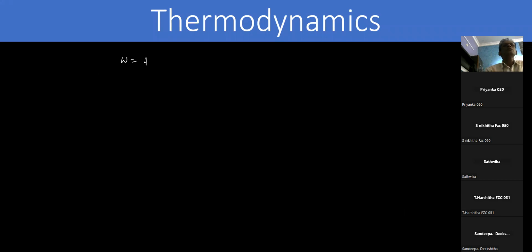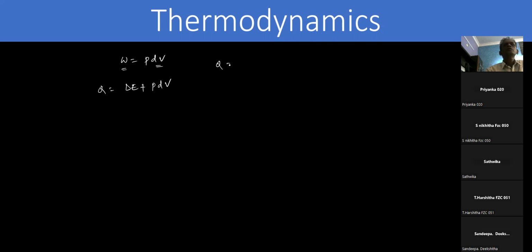W is equal to PdV. Already we have seen the change in volume gives us work, right? By using external pressure. When we use this, Q equals delta E plus W, what is W? PdV. What is our equation?